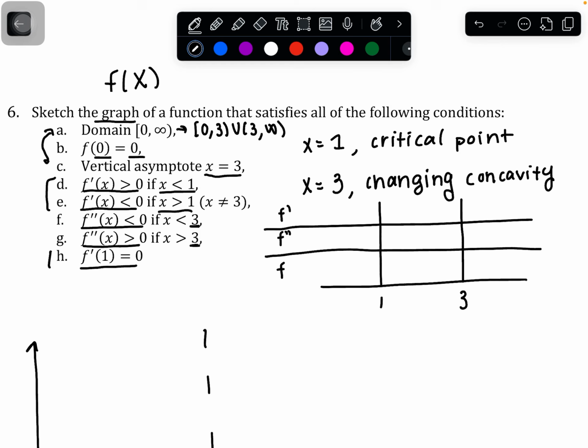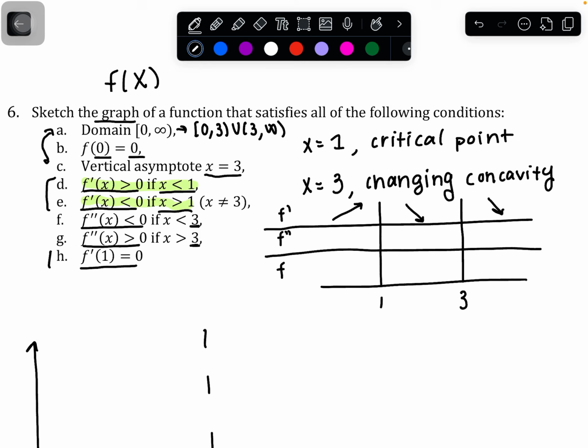Okay, so when x is less than 1, this is where we are. So that means my first derivative is positive. So that means I'm increasing up to 1. And then when x is greater than 1, the first derivative is negative, which means we're decreasing. Okay?